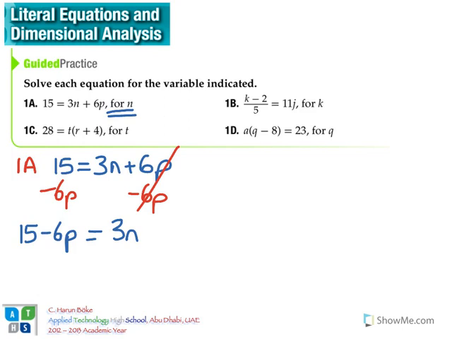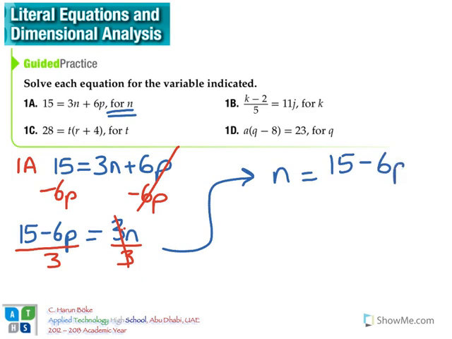Now I want to get rid of this 3. Since 3 and n are in multiplication, we are going to divide both sides by 3. And when simplified, on the left hand side and right hand side, we have n to be 15 minus 6p over 3.